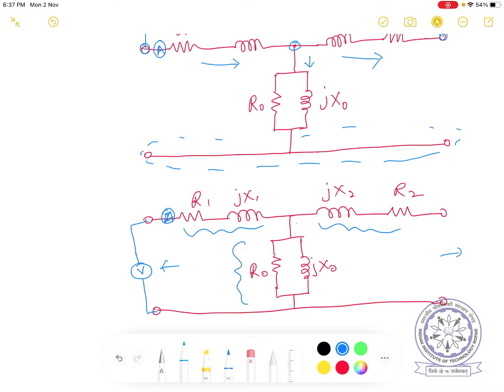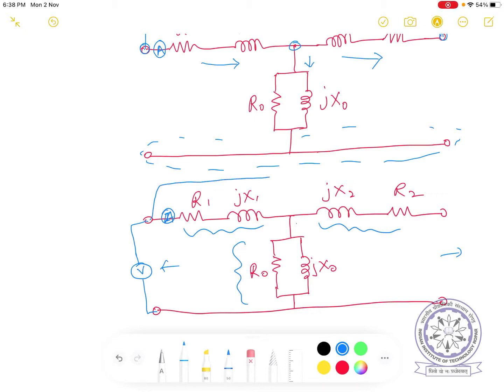But somehow if we know the voltage across this R1 plus JX1, obviously the voltage and current are known, therefore the impedance can be known. Can we measure that? Yes, it is possible.